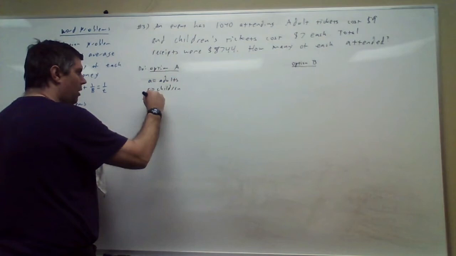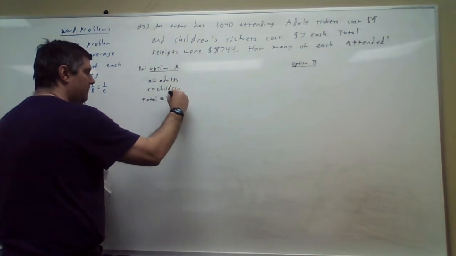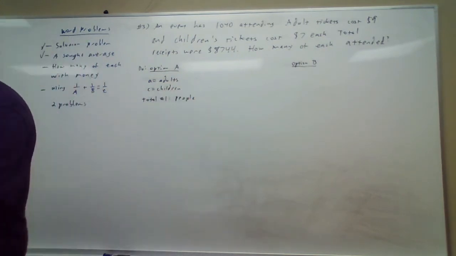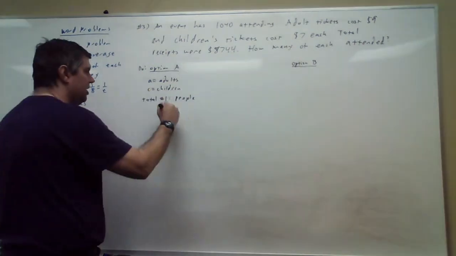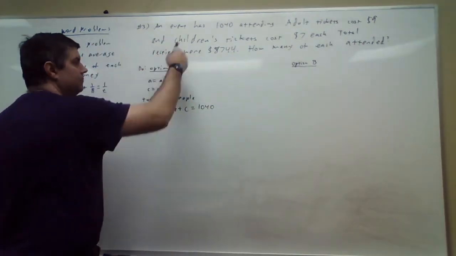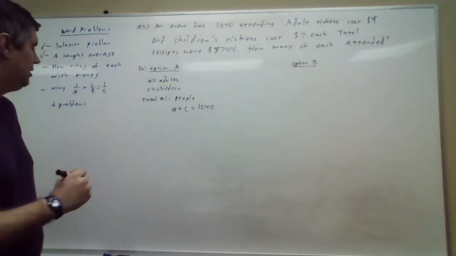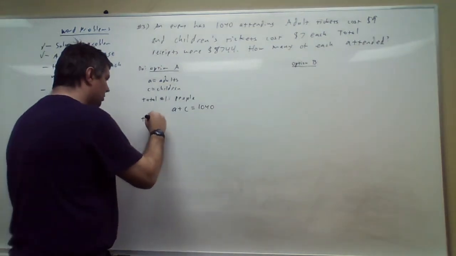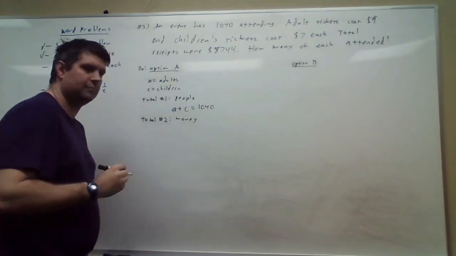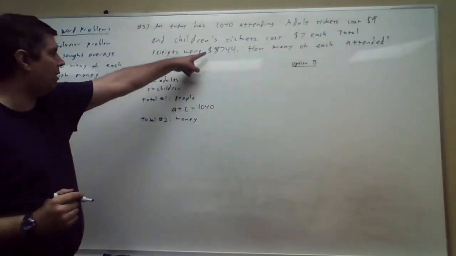So total number 1, people. Well, adults plus children will equal 1,040. Okay? Total number 2, money. Okay, the total amount of money brought in.